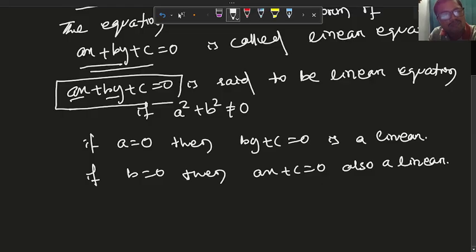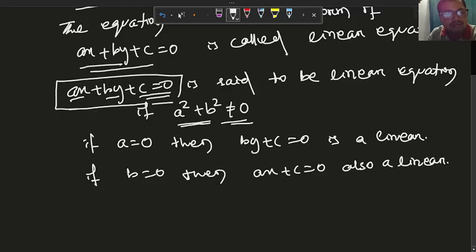Then if both a and b are 0, the result is c equal to 0, which is not a linear equation. So ax plus by plus c equal to 0 is linear if the condition a square plus b square does not equal 0 is satisfied. Clear?